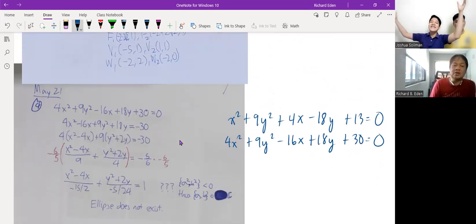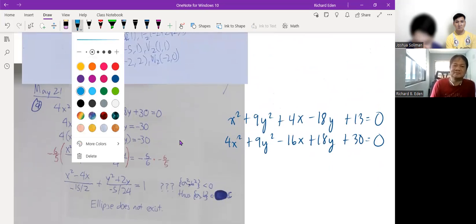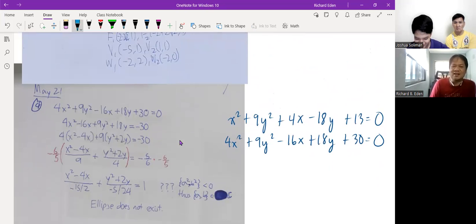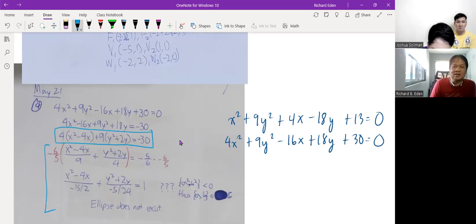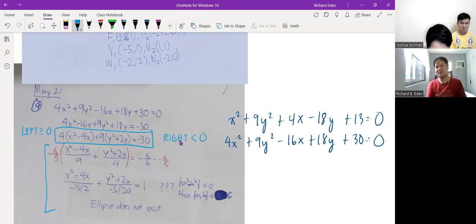Yeah, this part is unnecessary by simply analyzing that the left side is greater than or equal to 0, and yet the right side is negative. All right.